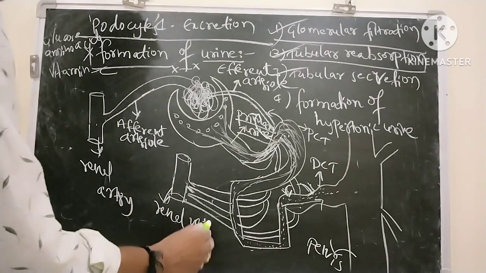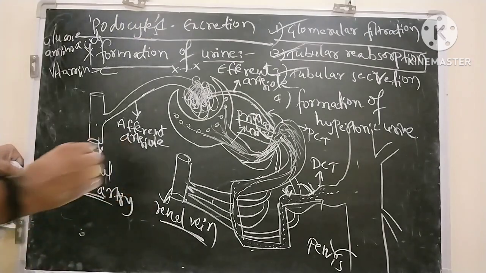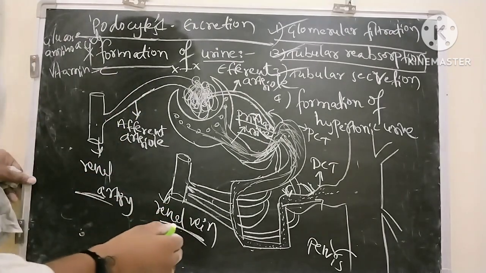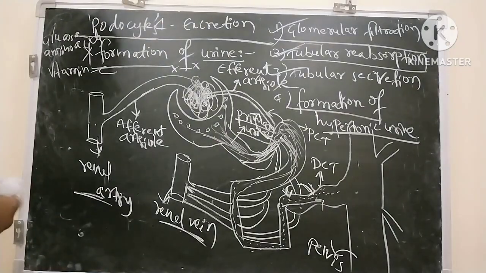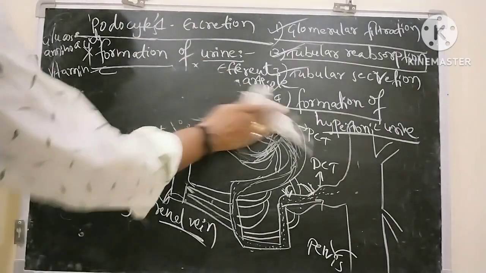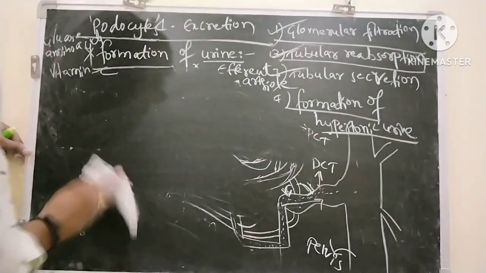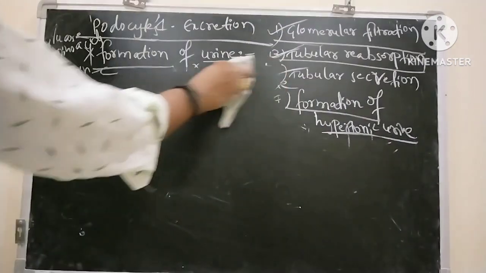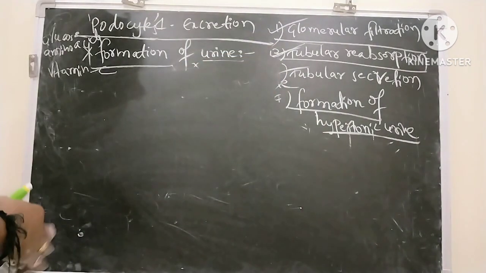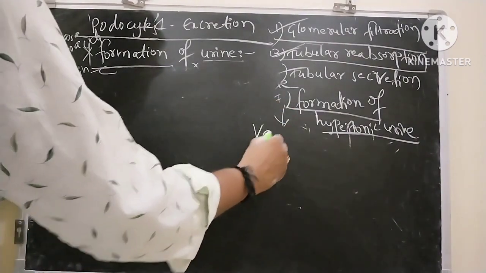Okay, right. So this is about how urine is formed. And formation of hypertonic urine means, see, a person excretes 1 to 1.5 liters of urine per day, and most of the water is absorbed by the body. It is because of the hormone called vasopressin.